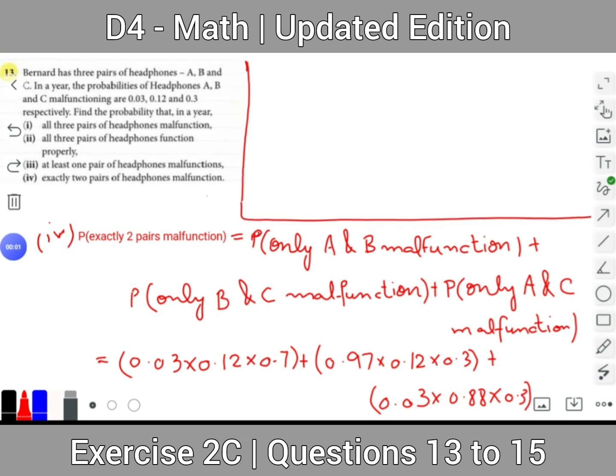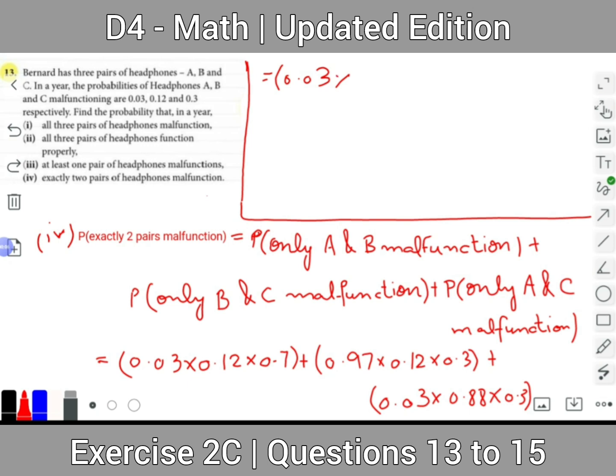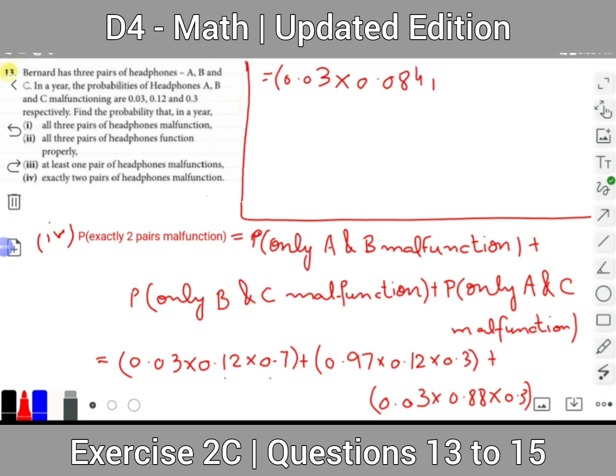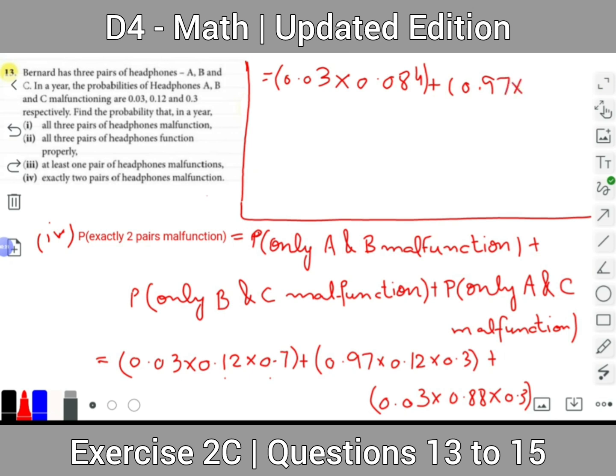Now further we have 0.03 multiplied by, when we multiply 0.12 with 0.7, we get 0.084, plus 0.97 multiplied by, when we multiply 0.12 with 0.3, we get 0.036, plus 0.03 multiplied by, now when 0.88 is multiplied with 0.3, here we have 0.264.